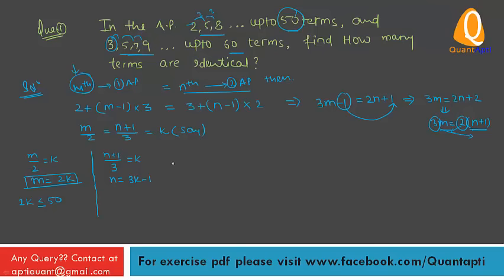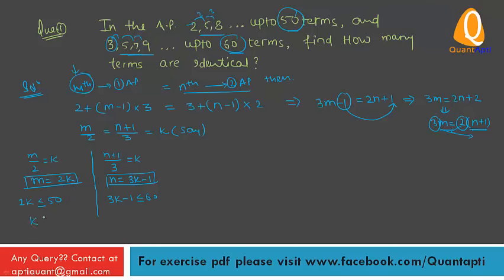In case of the second AP, there are 60 terms, and the nth term is in between the 60 terms. Hence the value of the nth term is always less than or equal to 60. Then 3k minus 1 is less than or equal to 60, because we know that m is always less than or equal to 60 and n is always less than or equal to 60.